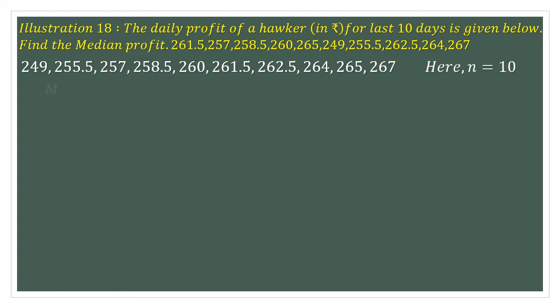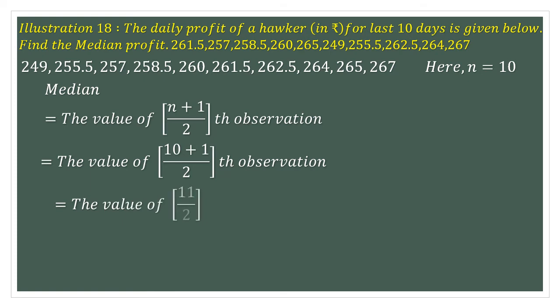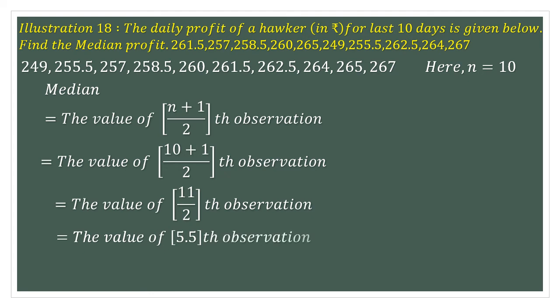Now we will again take the formula median, (n plus 1) upon 2 observation, that would be 10 plus 1 upon 2 observation, which would be 11 upon 2, and it will give us in decimals 5.5 observation. That means it is not the fifth observation and not the sixth observation, but it is between the fifth and the sixth observation.